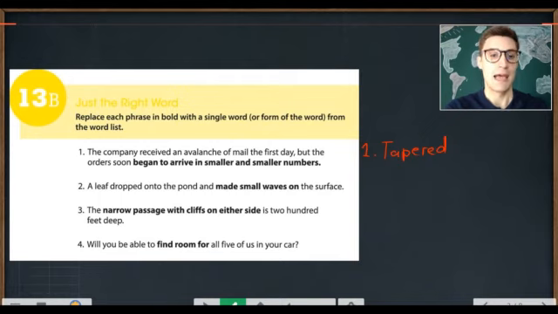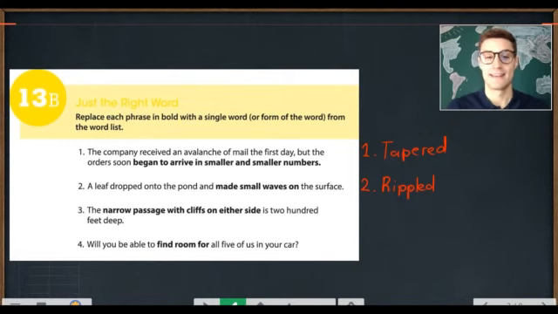Number 2. A leaf dropped onto the pond and made small waves on the surface. So, which word can we use to replace that phrase? A leaf dropped onto the pond and rippled the surface. Yes, that's right.